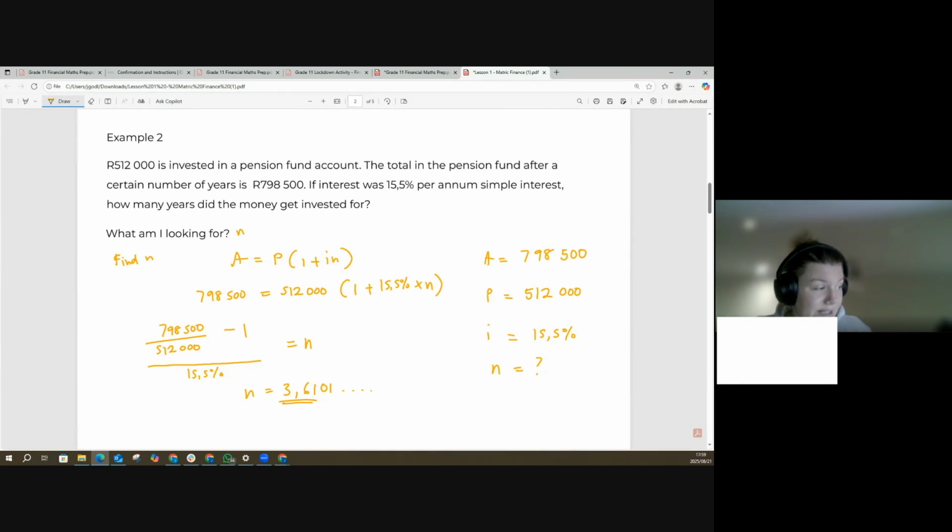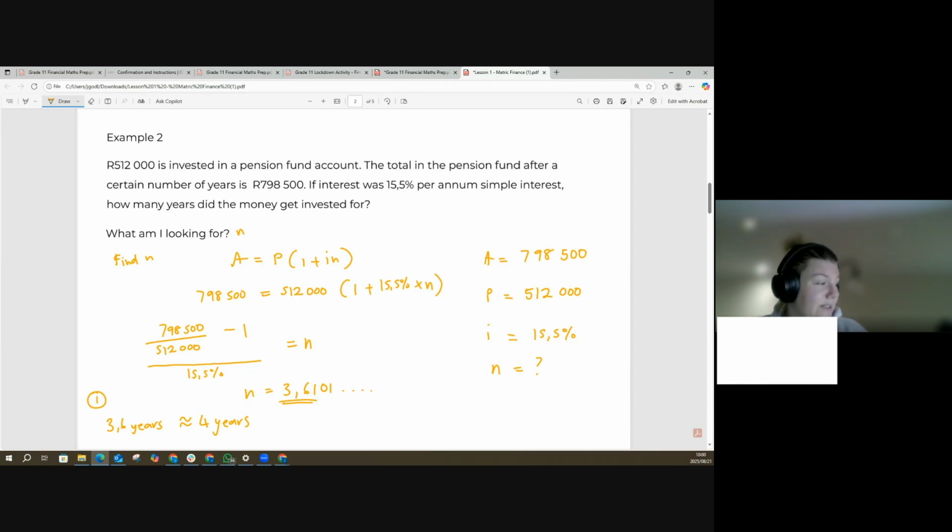Yeah. So we've got lots of different options here. Because they weren't specific, we could say 3.6 years and then round it to 4 years. That's option 1. Option 2 would be to figure out what our months would be in that situation. So we're looking at 0.6 times 12, because there's 12 months in a year, and that gives us 7.2.